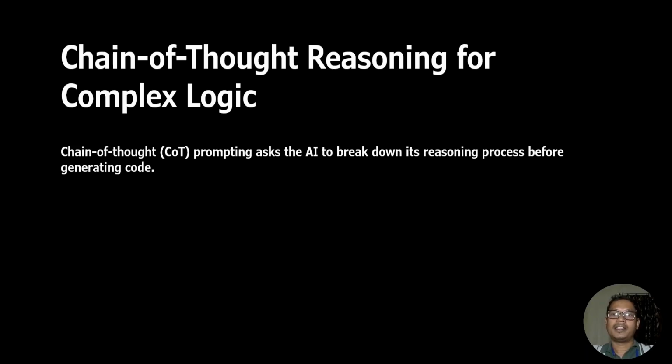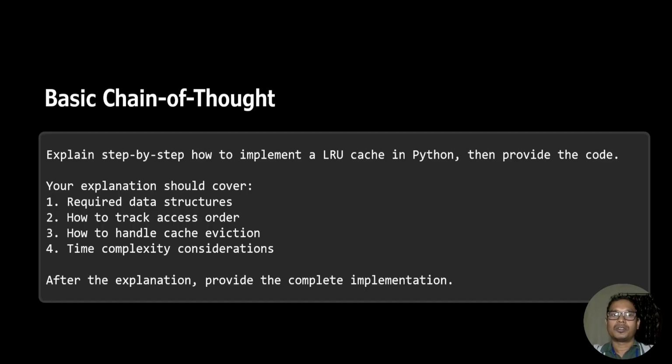First you think, you follow the reasoning process before generating the code. An example would be you can write your prompt: explain step by step how to implement the LRU cache in Python, then provide the code. Your explanation should cover the required data structure, how to track access order, how to handle cache eviction. And after the explanation, provide the complete implementation.